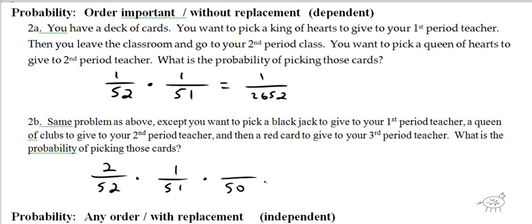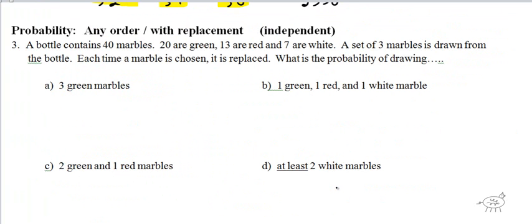I have 26 red cards to choose from. Half of them are red, right? But make sure this number down here shrinks: 52, 51, 50, because again, it's without replacement. That's important. Okay? All right, so I multiply all these together, and I get 1 over 2550.